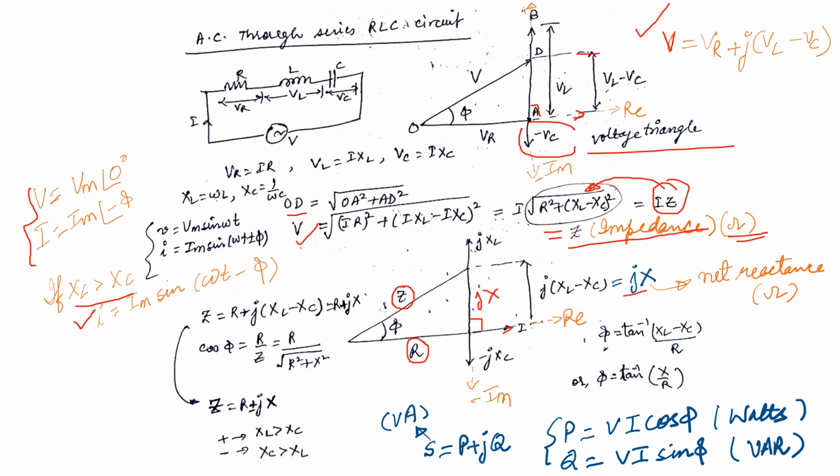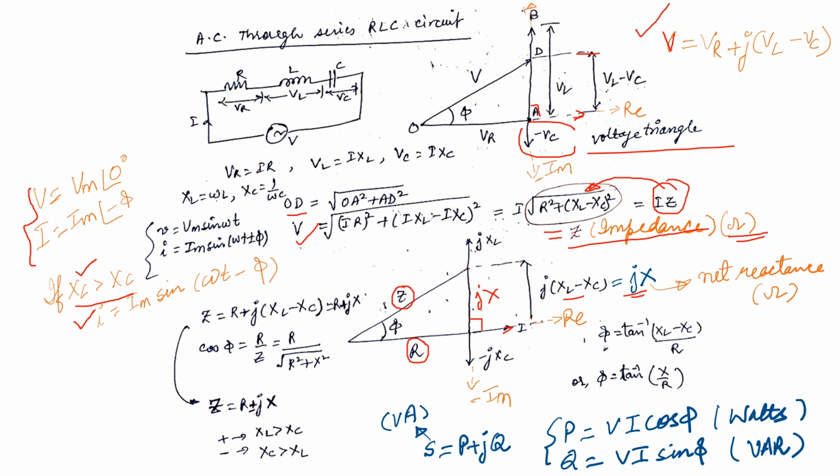XL minus XC is called the net reactance of this circuit. The unit will be ohms. Here we have written XL minus XC and not XC minus XL because we have taken the assumption that XL is more than XC. If XC would have been more, then this net reactance will be XC minus XL.